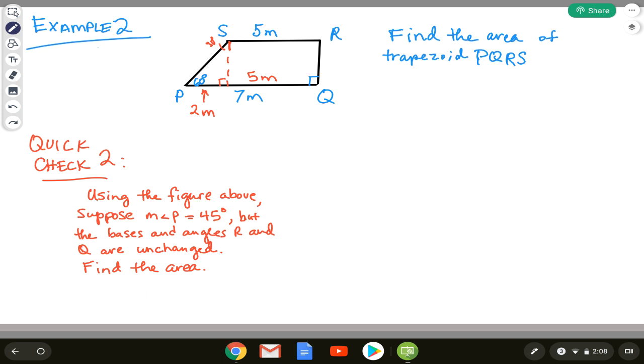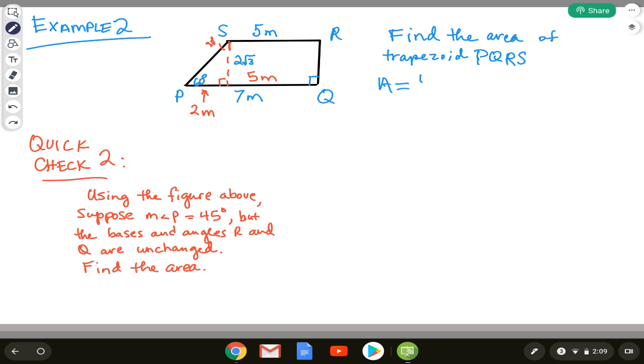But since we know the special relationships in the 30-60-90 triangle, I'm going to use that. So the short side is 2, and the longer leg, which is across from the 60, will be the short side times the square root of 3, so 2 square root of 3. Once I figure out that that's the height, I can just use my area formula.